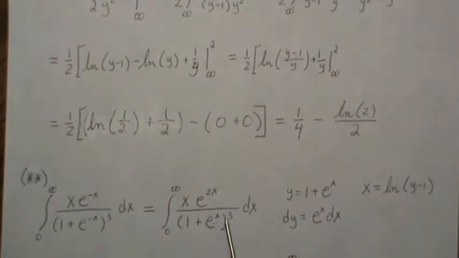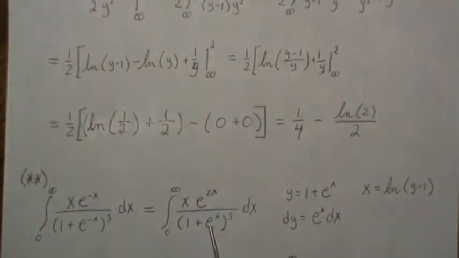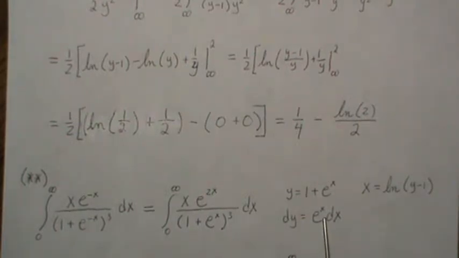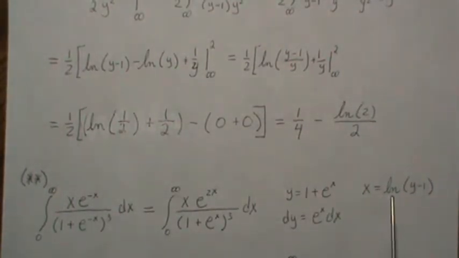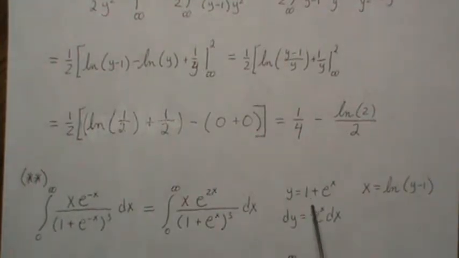But here I let y equal this denominator, and then dy is equal to e to the x dx, and x is, you back solve here and you get this. Now one note though, that there's only one e to the x here, and there's 2.